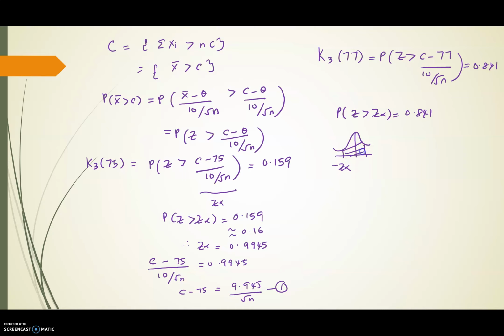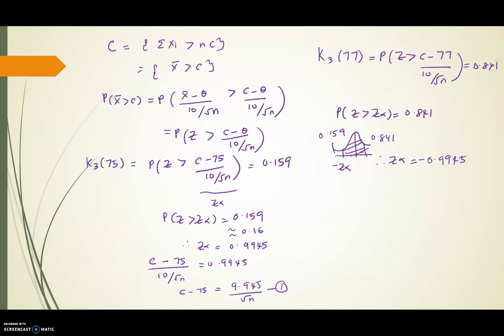So then we will have the probability 0.841. So we take the balance, 1 minus 0.841, we get 0.159.